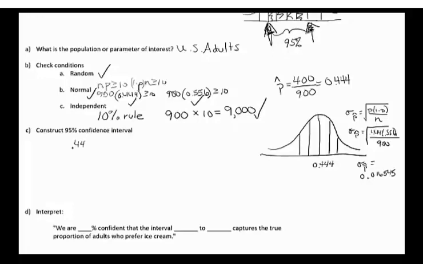So I'm thinking that this one standard deviation is 0.444 plus, and 2 standard deviations is another one added to it.